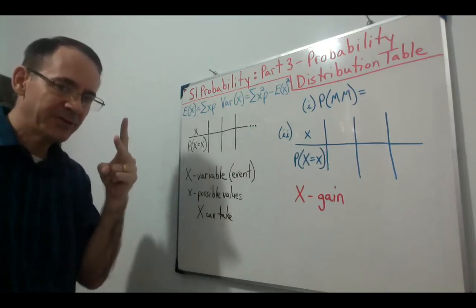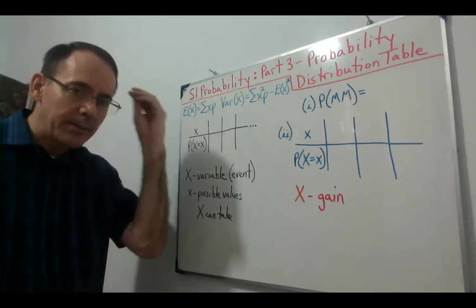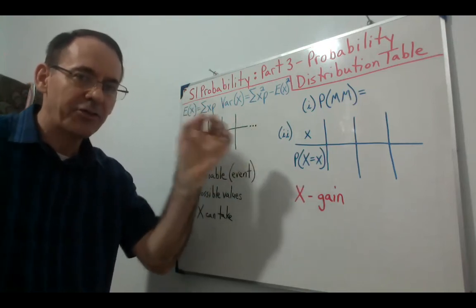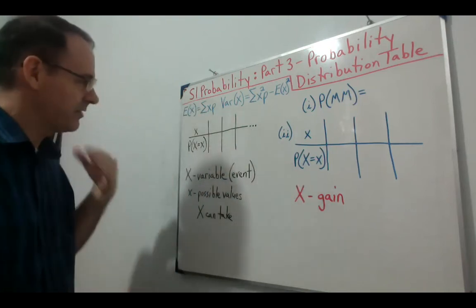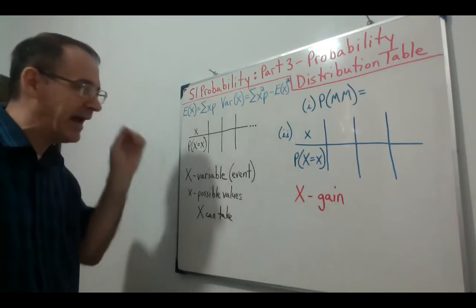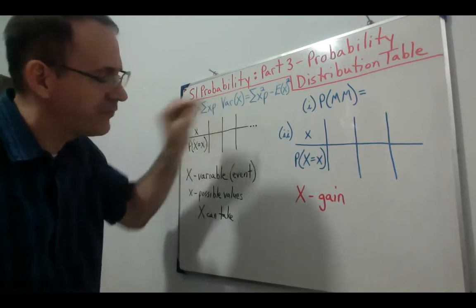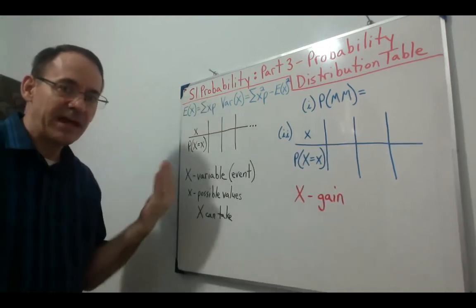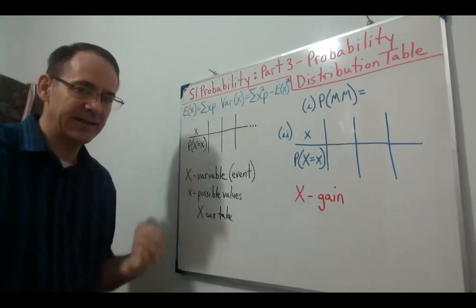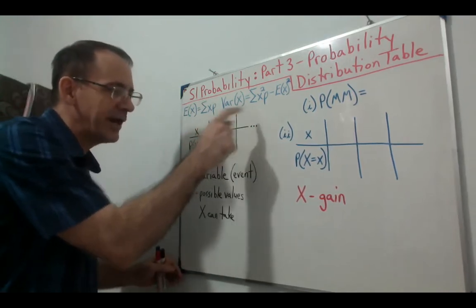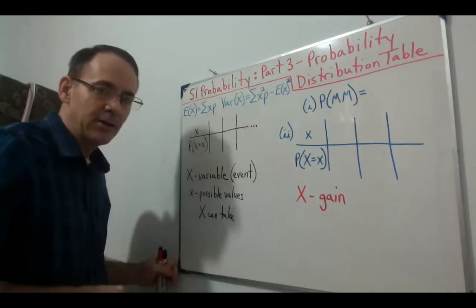Then you're going to have to go through two mental, conceptual thinking processes. The first one is you're going to have to be able to determine the possible values that that particular event can take. And you're going to list them in order from least to greatest in this top row.